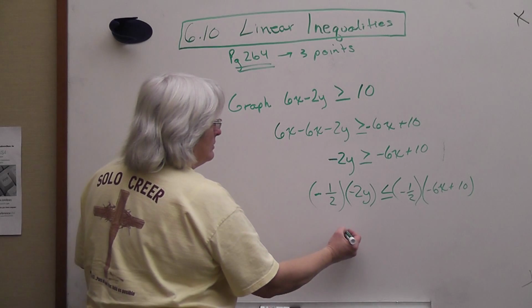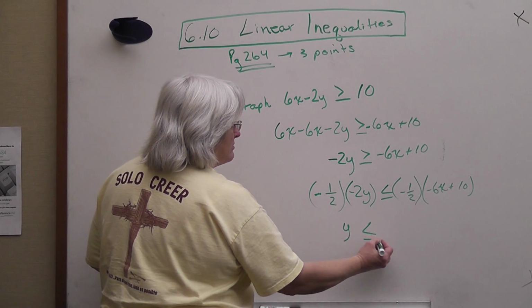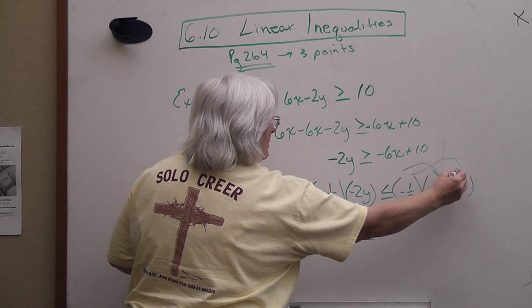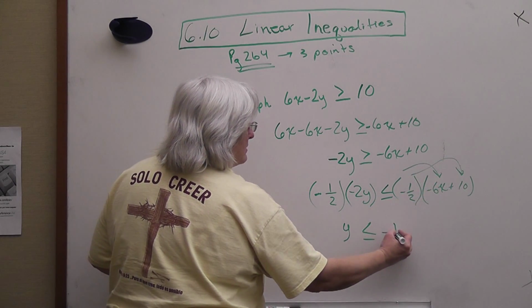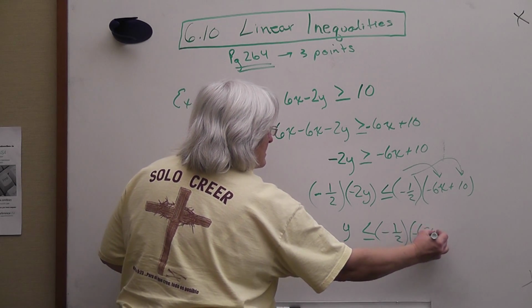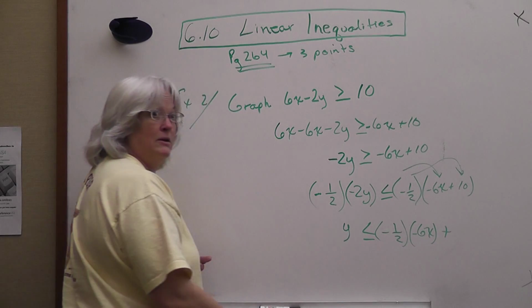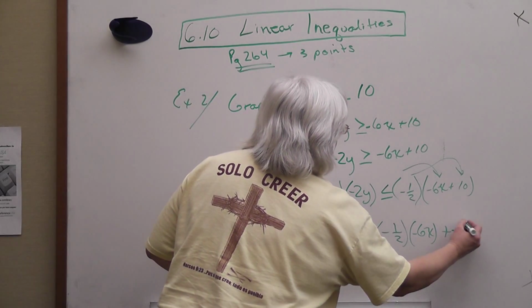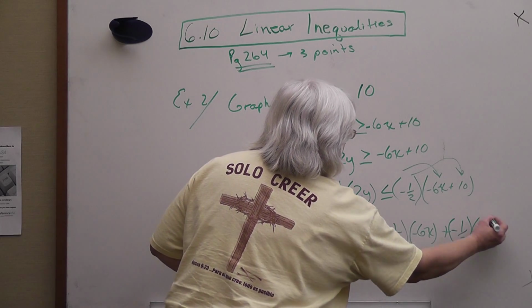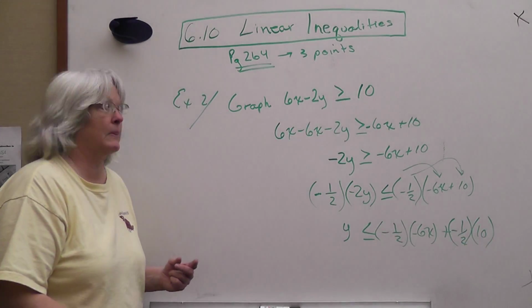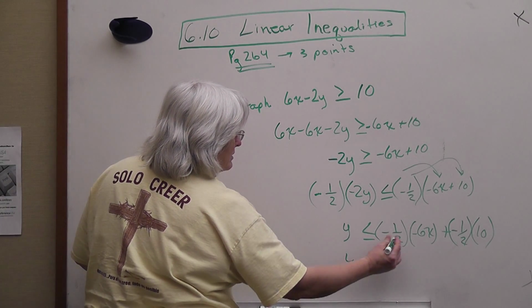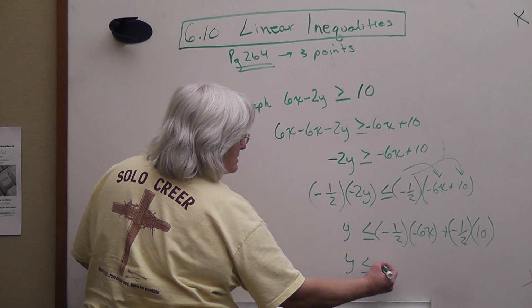Negative 1/2 times negative 2 is y, less than or equal to, and we distribute: negative 1/2 times negative 6x plus negative 1/2 times 10. Negative times negative is a positive.